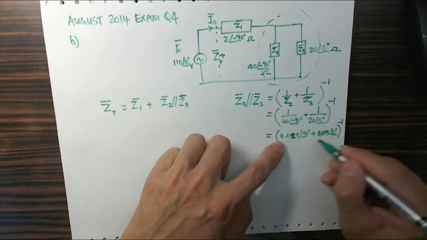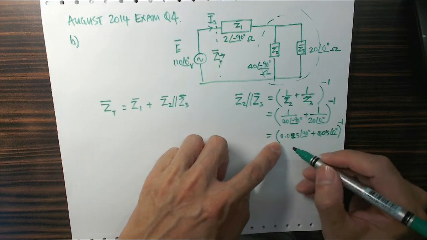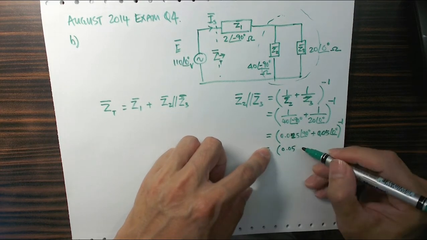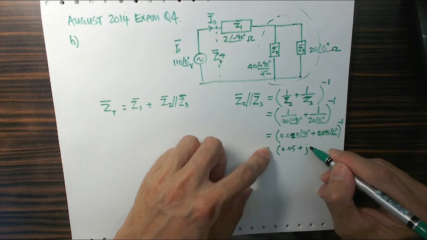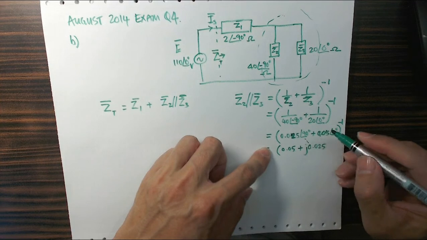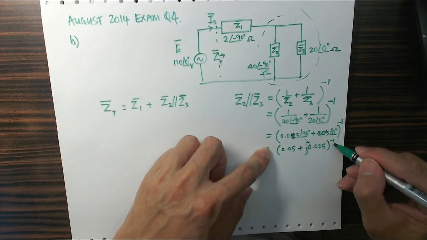Convert this to rectangular form, I get 0.05 plus j0.025, and this is the inverse.